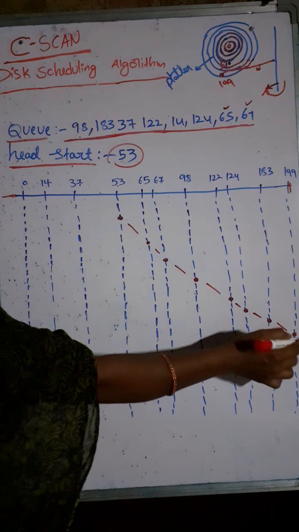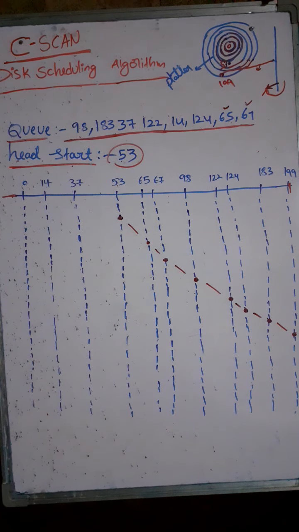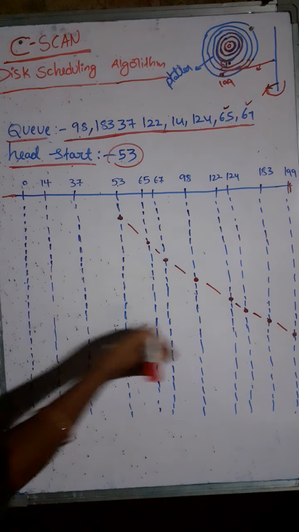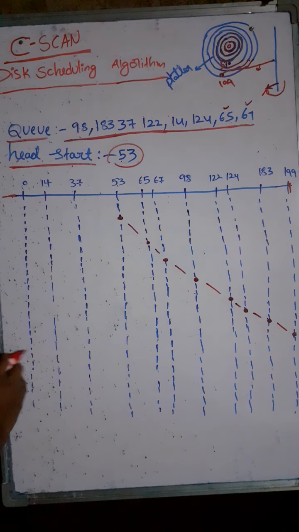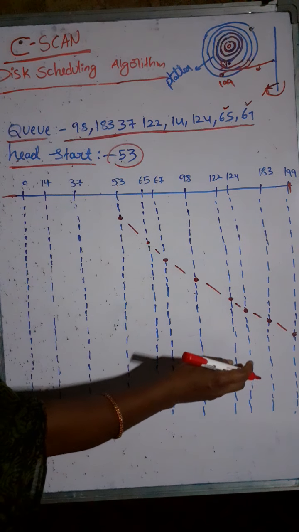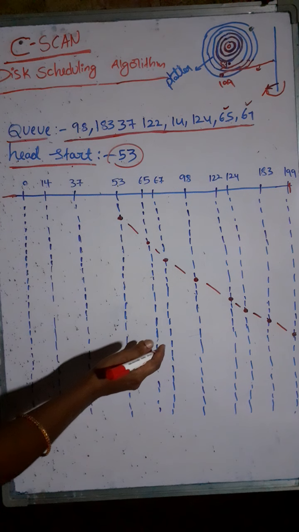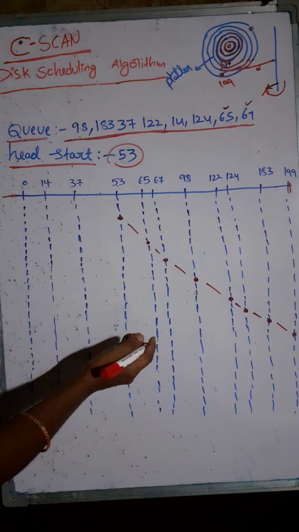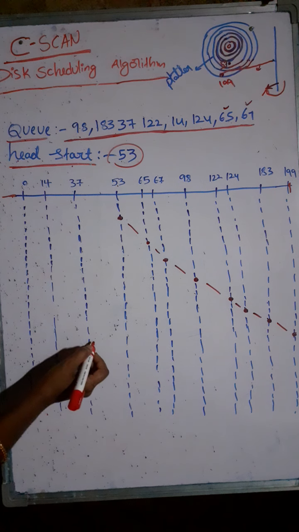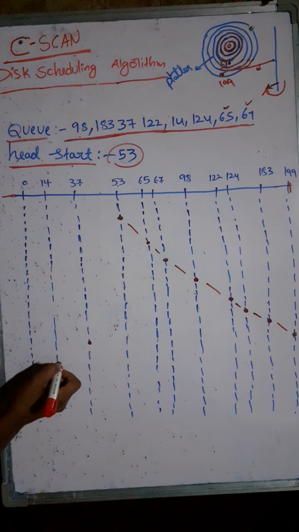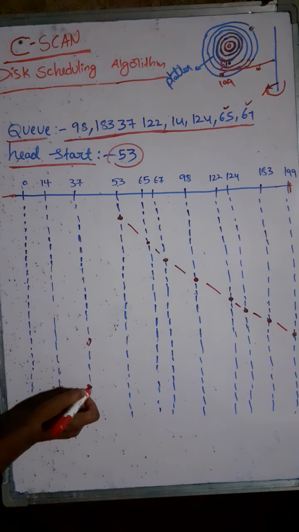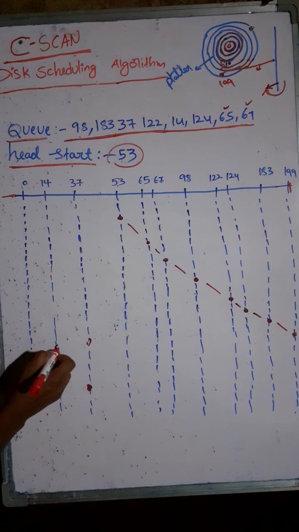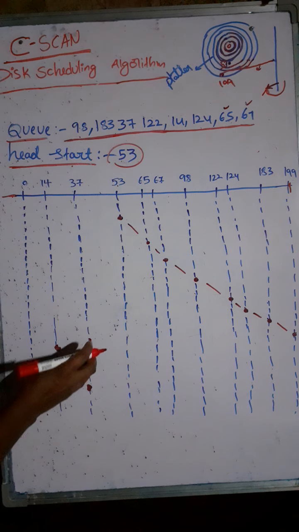After reaching one end, the disk arm will change its direction and move towards 0, and while moving towards 0 it will serve all the requests. Here we have other requests, let us assume requests for track 37 and 40.